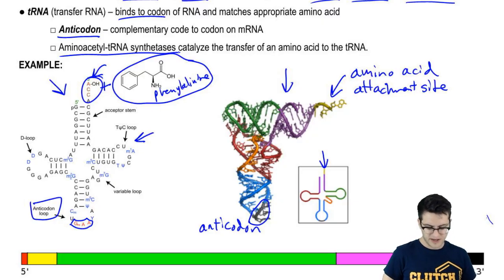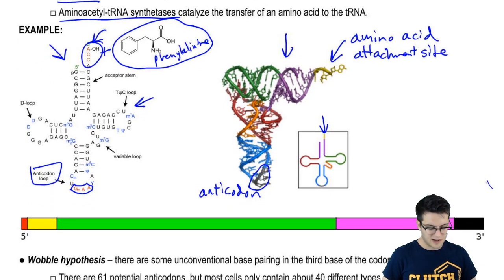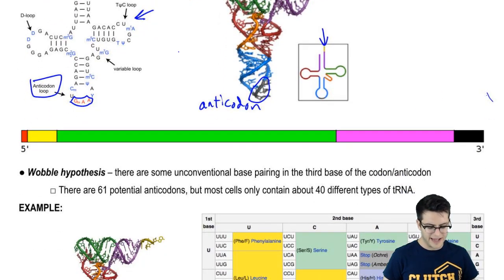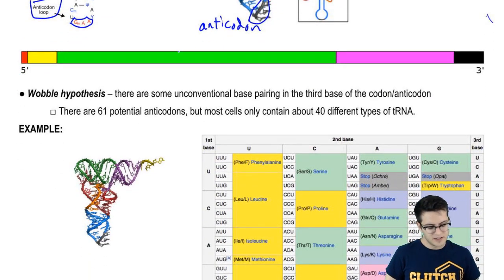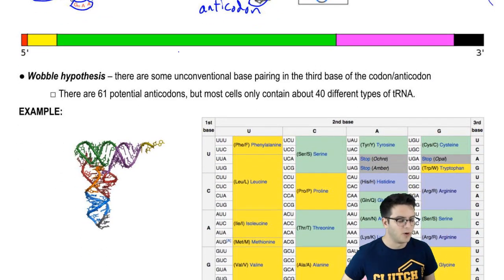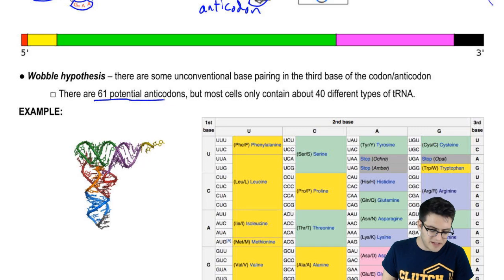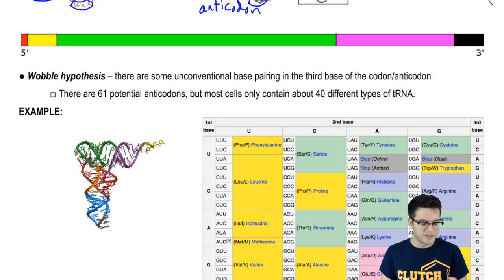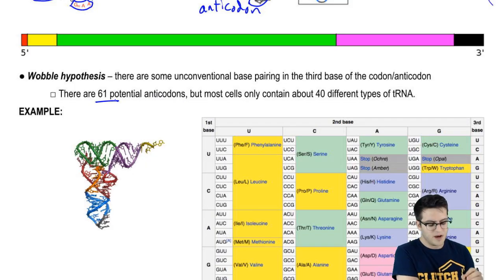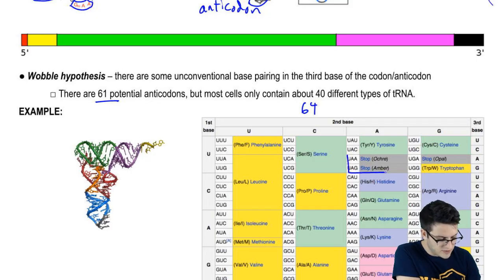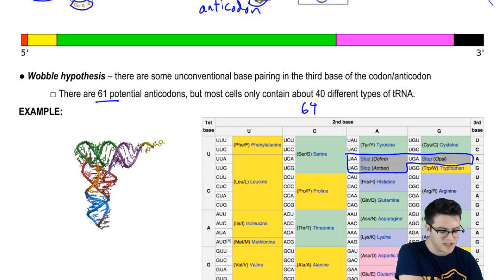tRNA. Now, let's talk a little bit more about that codon-anticodon binding, because it turns out we haven't talked about the whole story yet. So you might remember that there are 61 potential codons for amino acids, right? There would be 64, but 3 of those codons are stop codons and don't actually code for an amino acid.